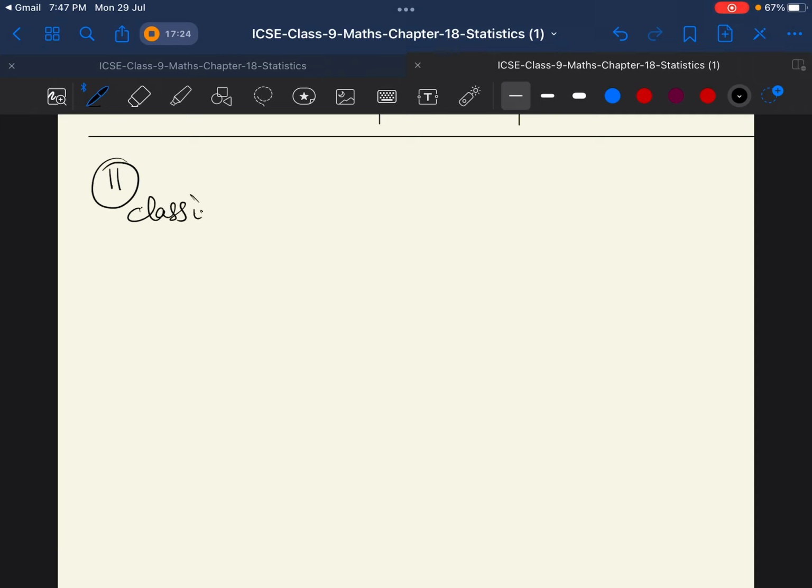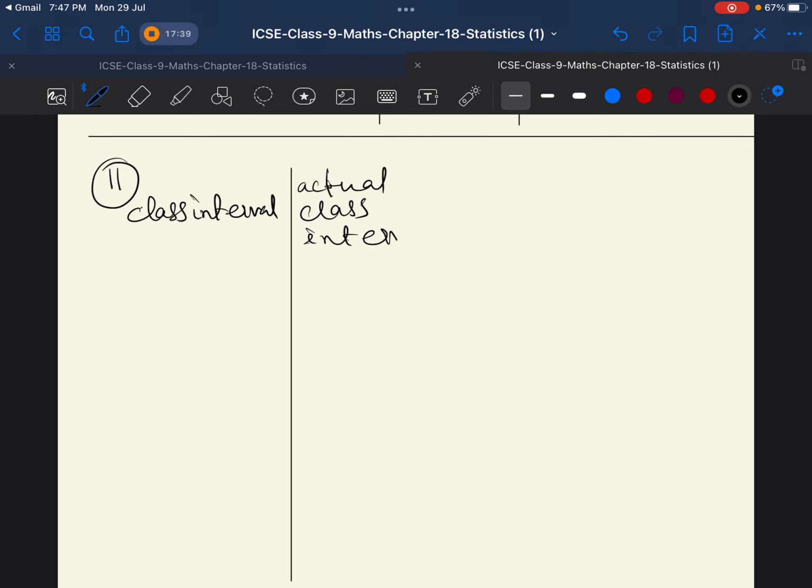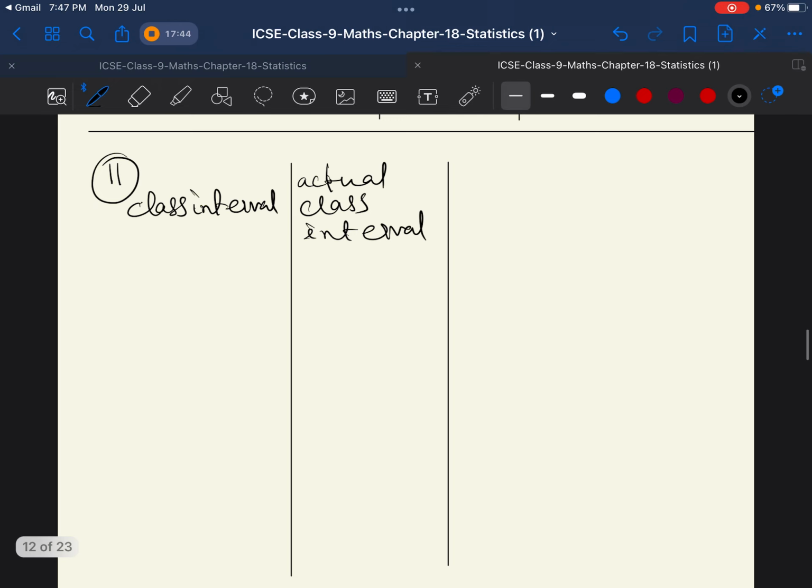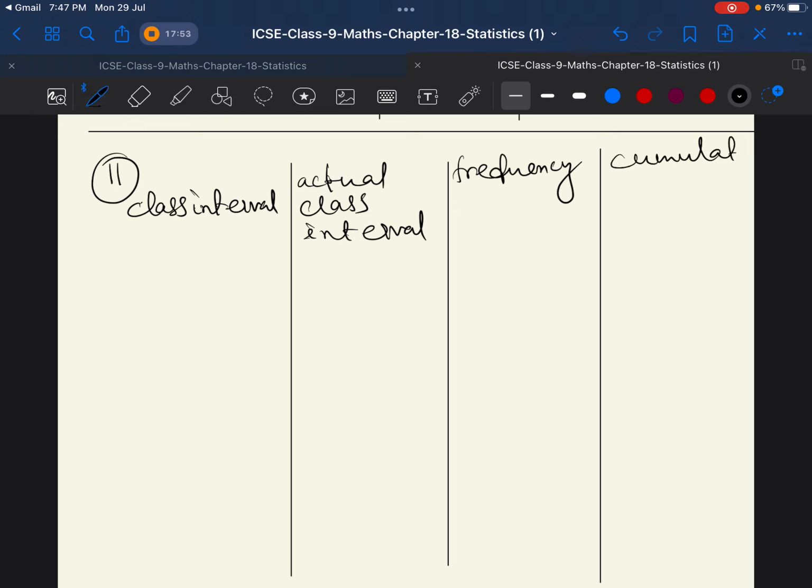So here class interval, then actual class interval, then this is the table of frequency, and this is the cumulative frequency.